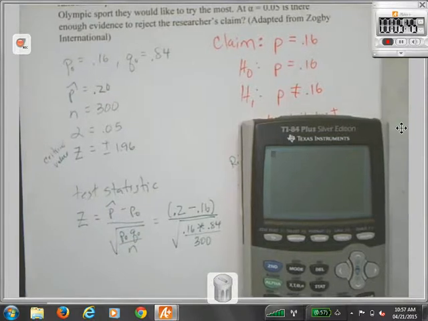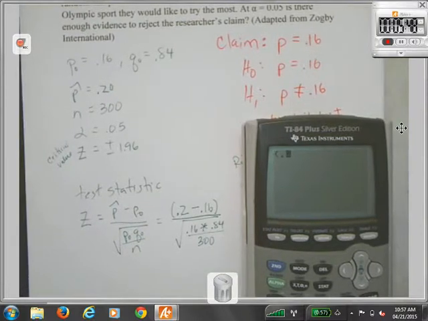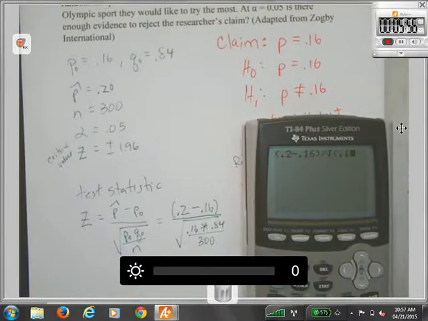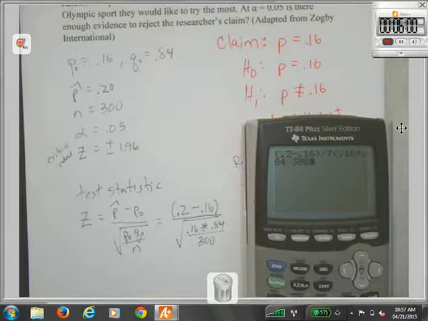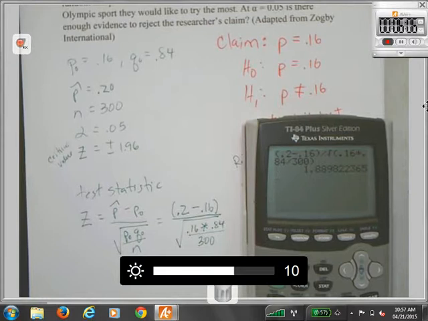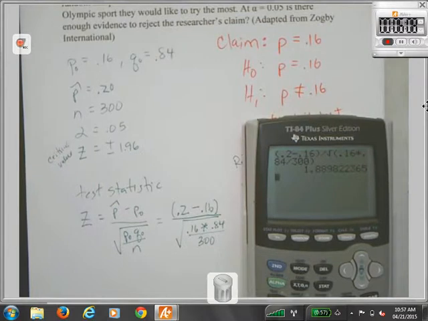Okay, on the calculator: parentheses, 0.2 minus 0.16, close parentheses, divided by, open the square root, 0.16 times 0.84 divided by 300. And that gives us a test statistic of 1.89.